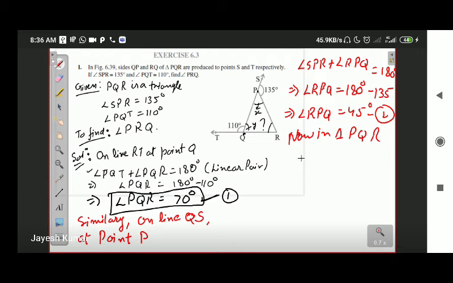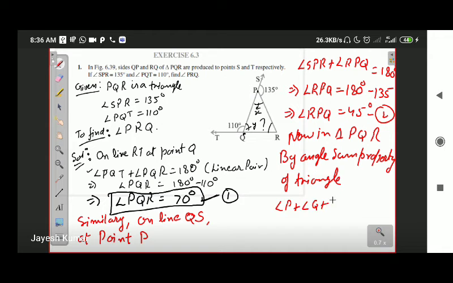In triangle PQR, we are going to say that by angle sum property of triangle, angle P plus angle Q plus angle R is equal to 180 degree.